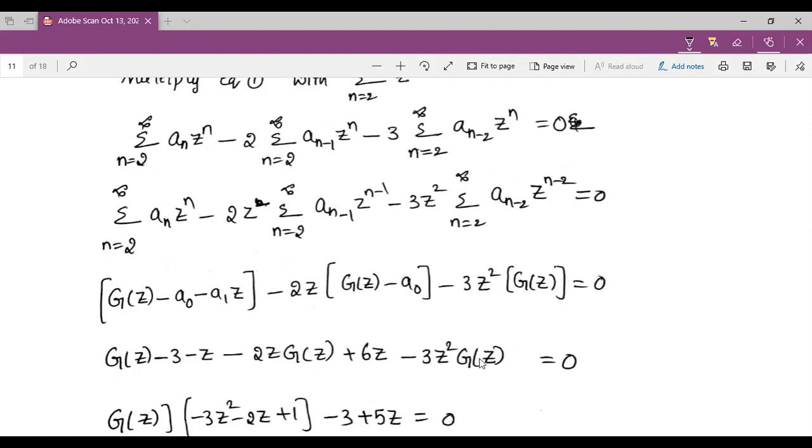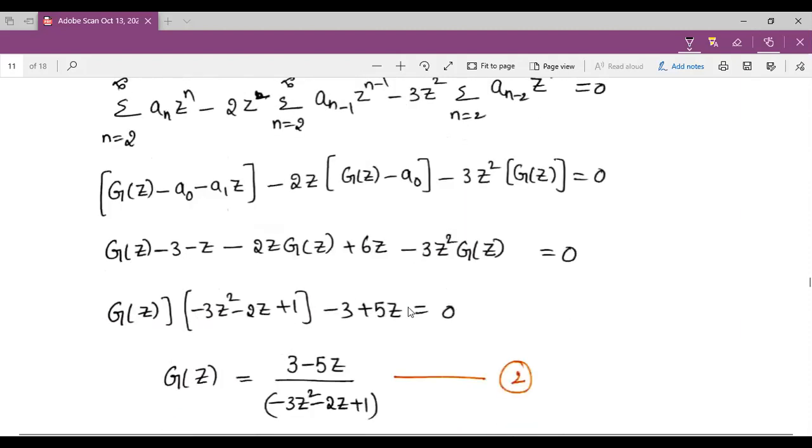Taking the common g of z terms, we get minus 3z squared minus 2z plus 1, minus 3 plus 6z minus 5 minus z plus 5z is equal to 0. So from this we get the generating function g of z is equal to 3 minus 5z by minus 3z squared minus 2z plus 1. Let it be equation 2.